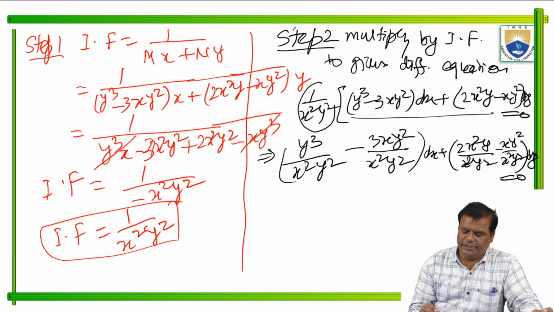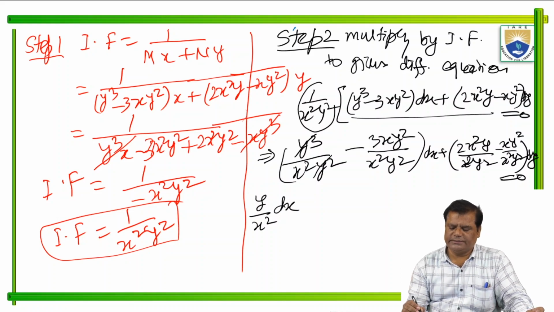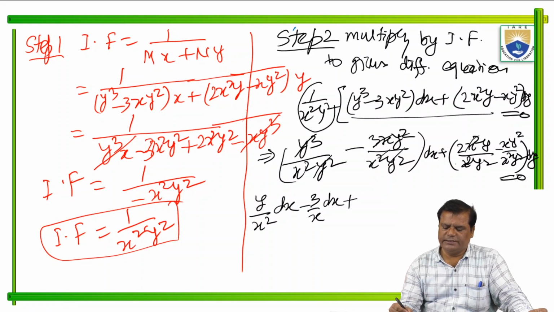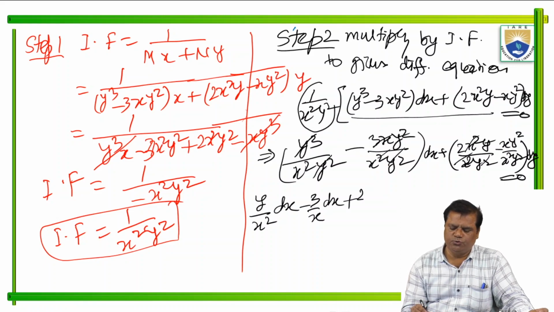So now y square is cancelled. So we write here y upon x square dx. Minus, x cancels and y square cancels, minus 3 upon x dx. And plus, next term, x square cancels and one y cancels, plus 2 upon y dy.